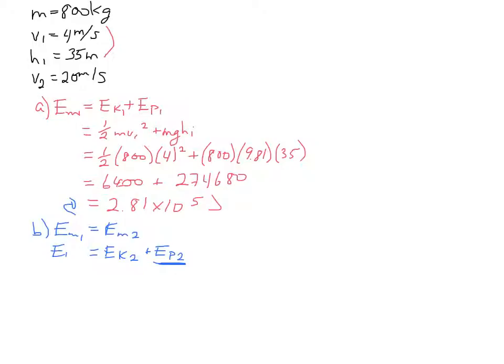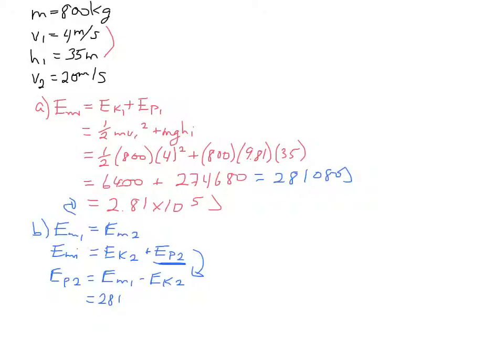If I rearrange my formula, I can say that my EP2 is going to be equal to my EM1 minus my EK2. That's the same thing, just rearranged. From my above question, what these two numbers actually equaled was 281,080 joules, so I can put that in for my mechanical energy 1.